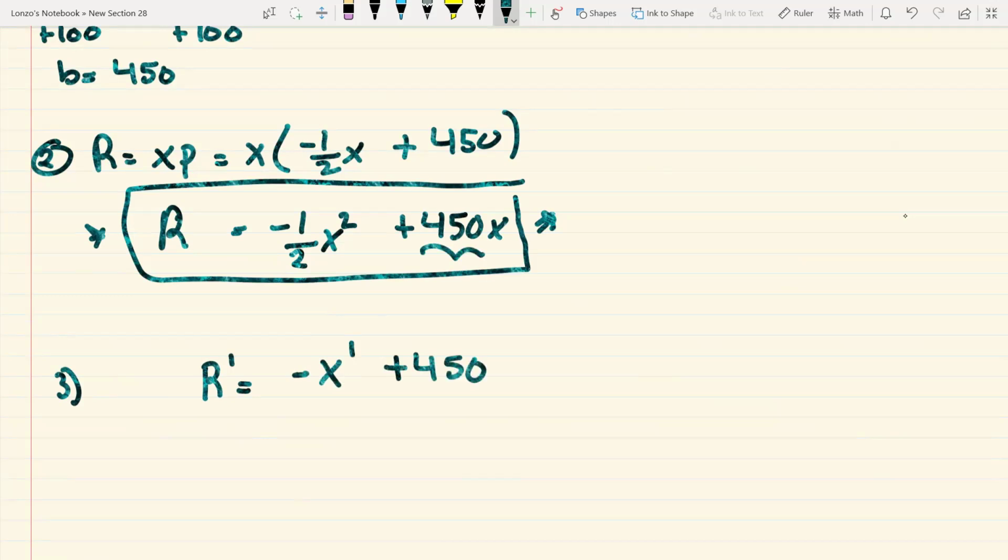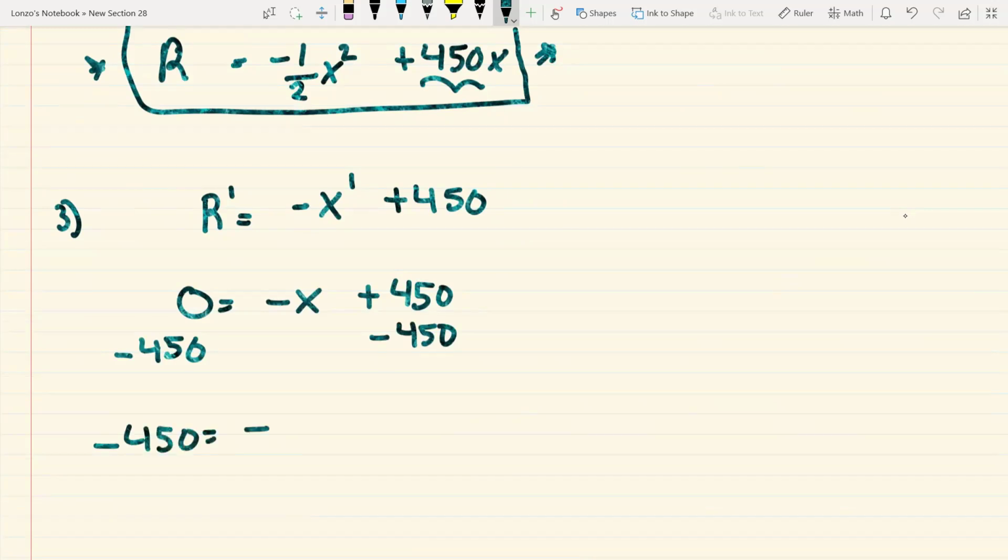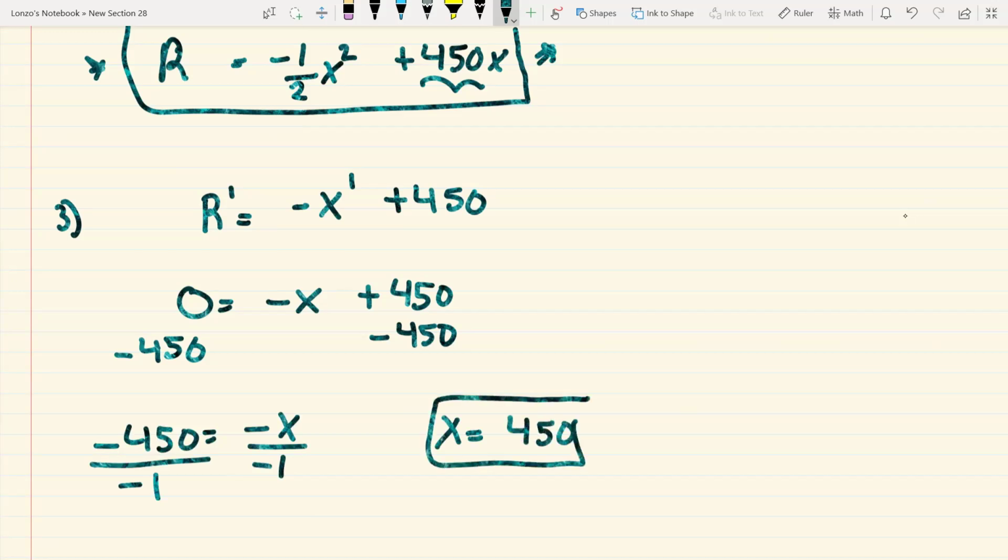Okay, set r prime to 0 and continue solving for x. So you're going to subtract 450 from both sides. So that's negative 450 equals negative x. Divide both sides by negative 1, and you get x equals positive 450. Okay, that's not our answer.